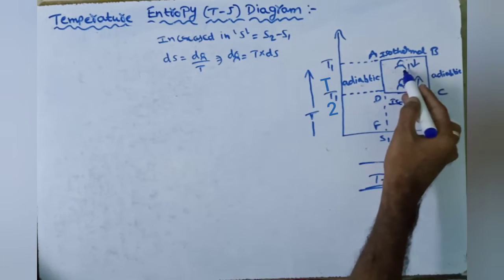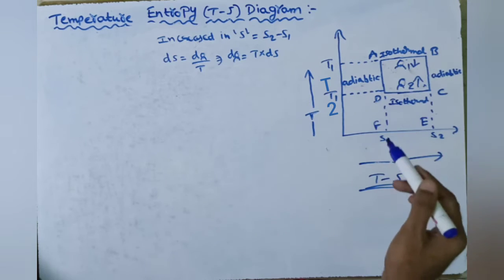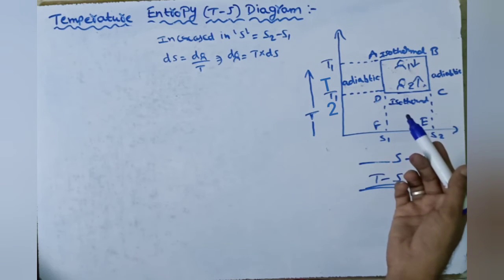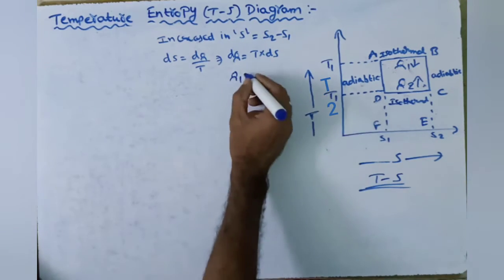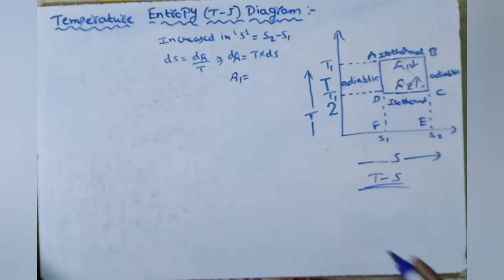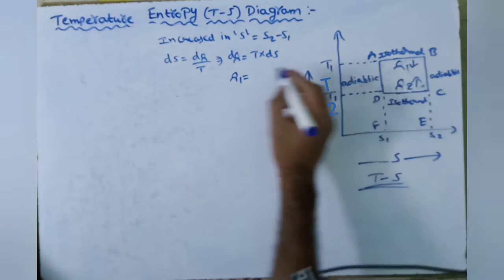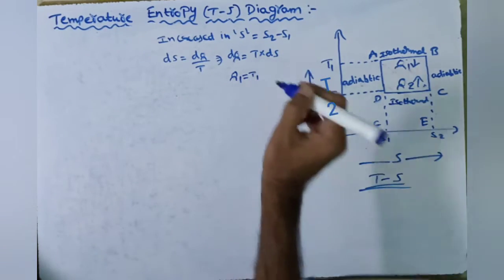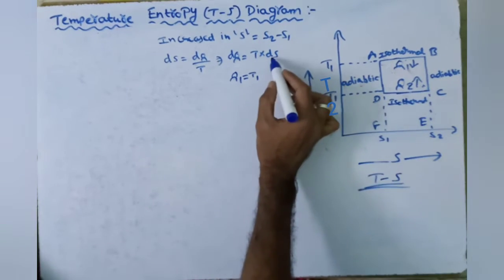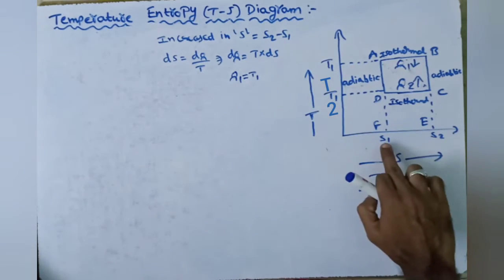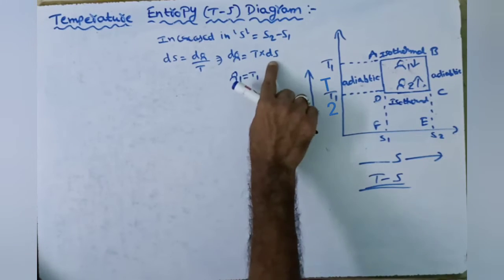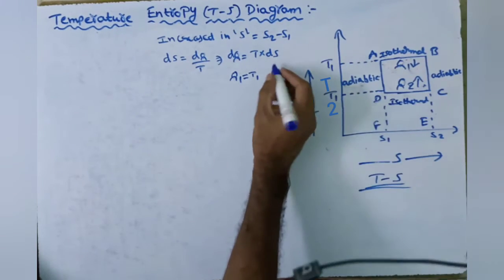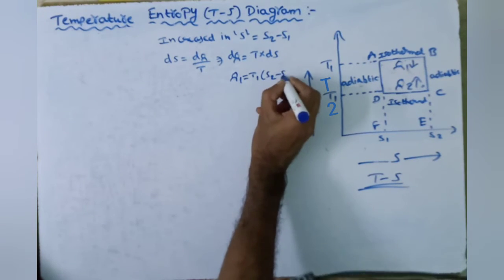In this process dQ is Q1, the energy absorbed. So we substitute Q1 in place of dQ, and the temperature is T1, constant. And dS, the change in entropy, is S2 minus S1. So we write S2 minus S1 here.